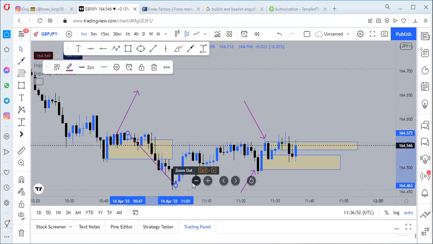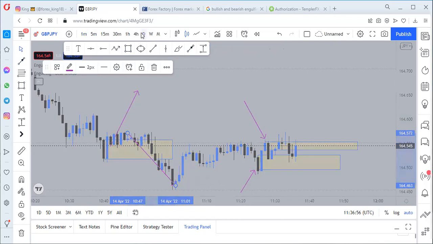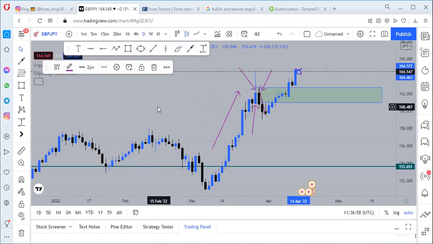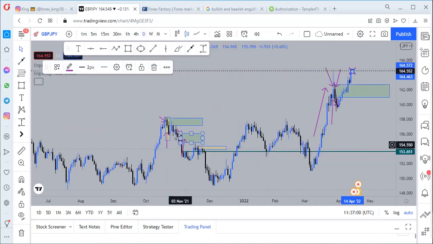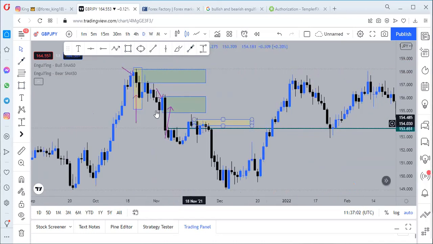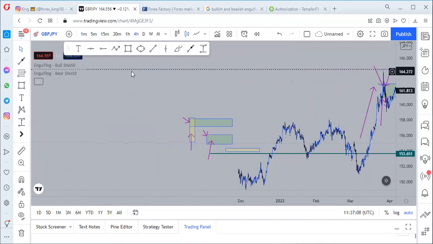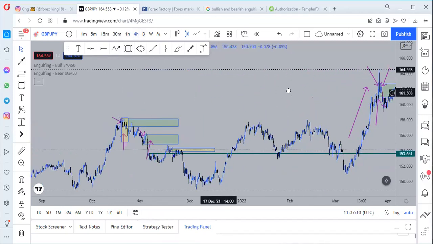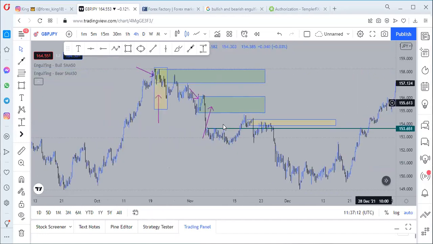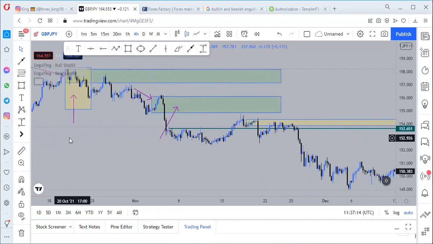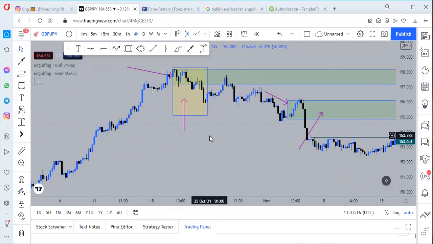Boom, you're in loss. Have you seen? But if you're on day one, for example, we have to see this one. What we can do is go to 4 hours to get a clear confirmation. We can go to 4 hours to look for another clear confirmation for me to buy. And you will find here also, okay?